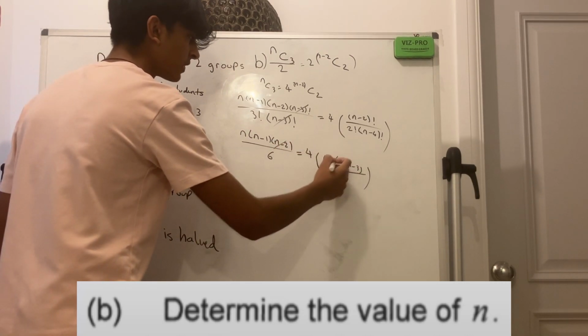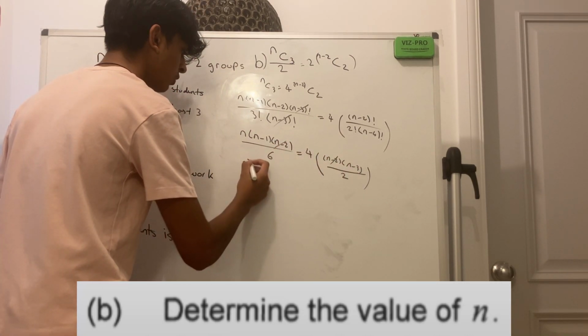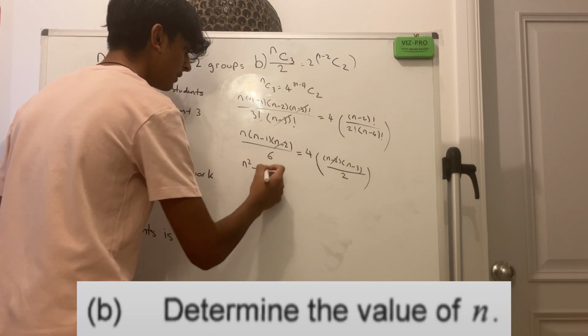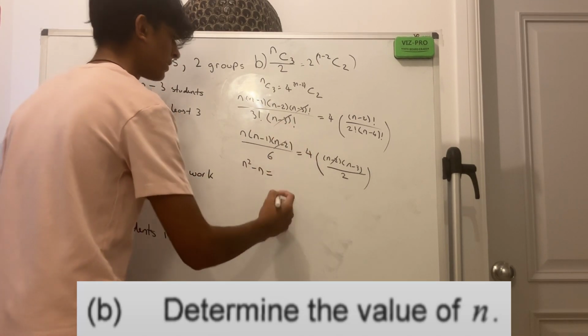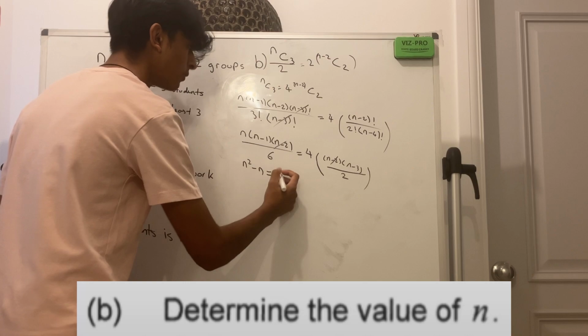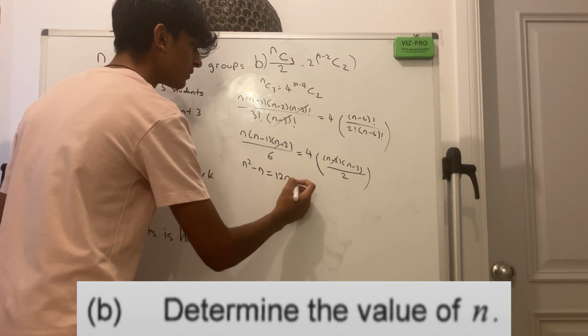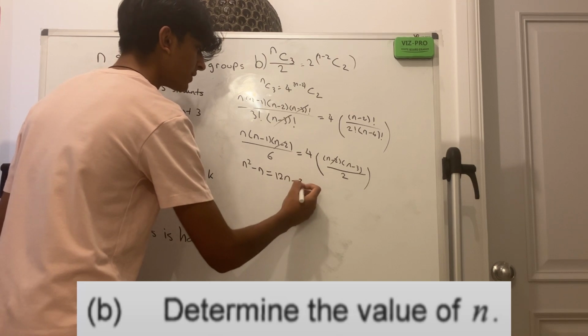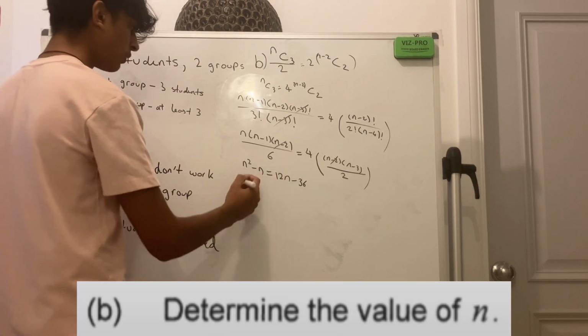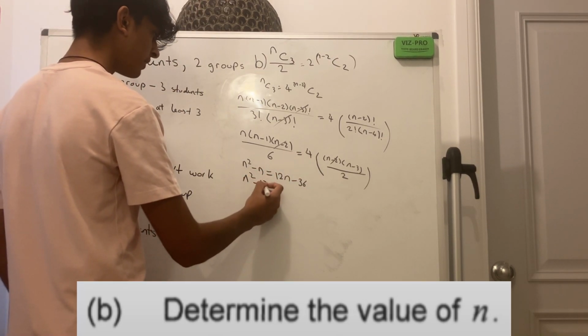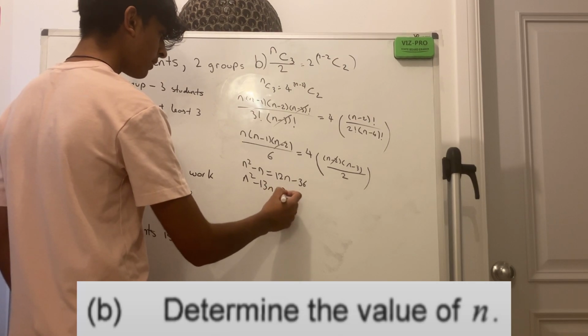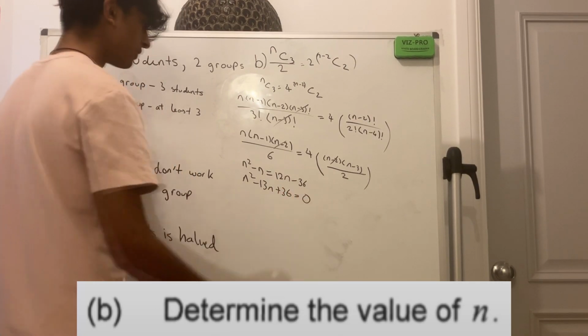And these will also cancel out. So I get that n squared minus n must equal 12 times n minus 3, which is 12n minus 36. Subtracting 12n, I get that n squared minus 13n plus 36 must be equal to 0.